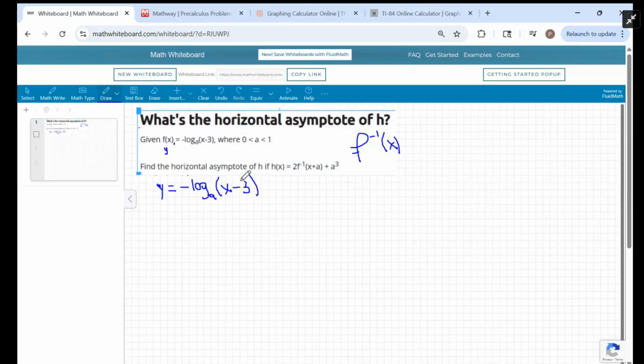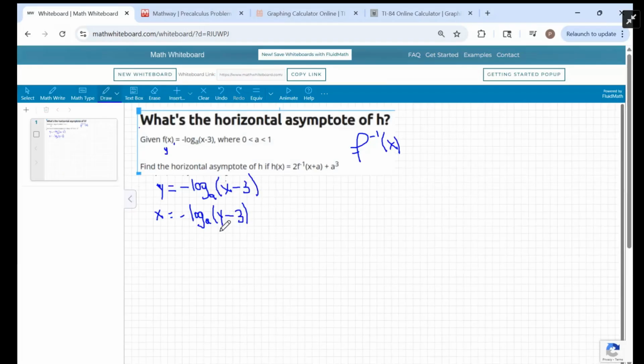The next step in finding the inverse is you're going to want to swap x and y. So where x is, you put y. Where y is, you put x. That gives us x equal negative log base a of y minus 3.